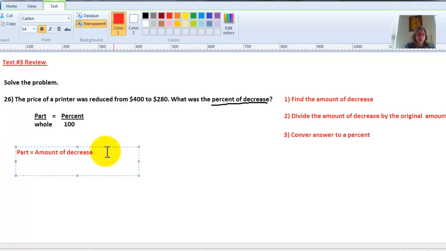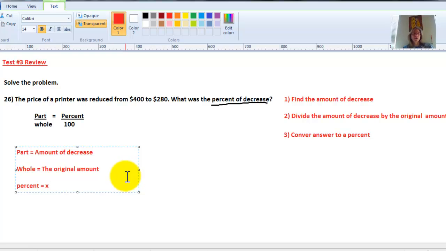Whole, the whole equals the original amount. Percent, in this case, because it's saying what percent, is the X, and then 100 just stays 100.